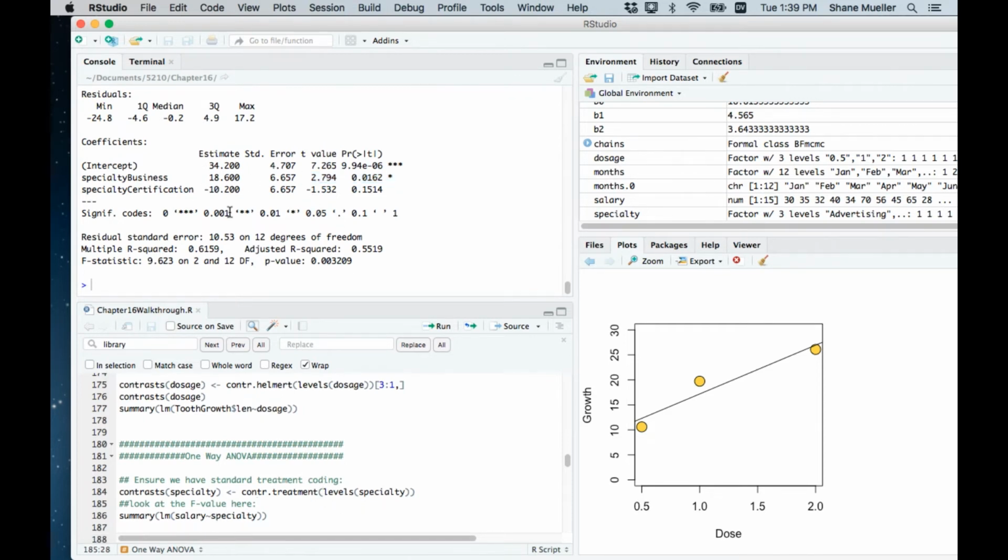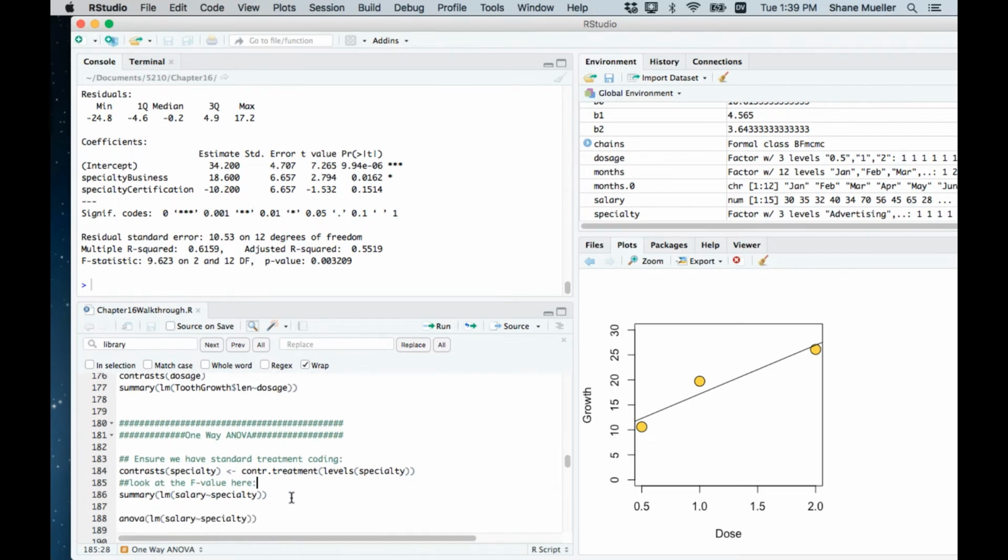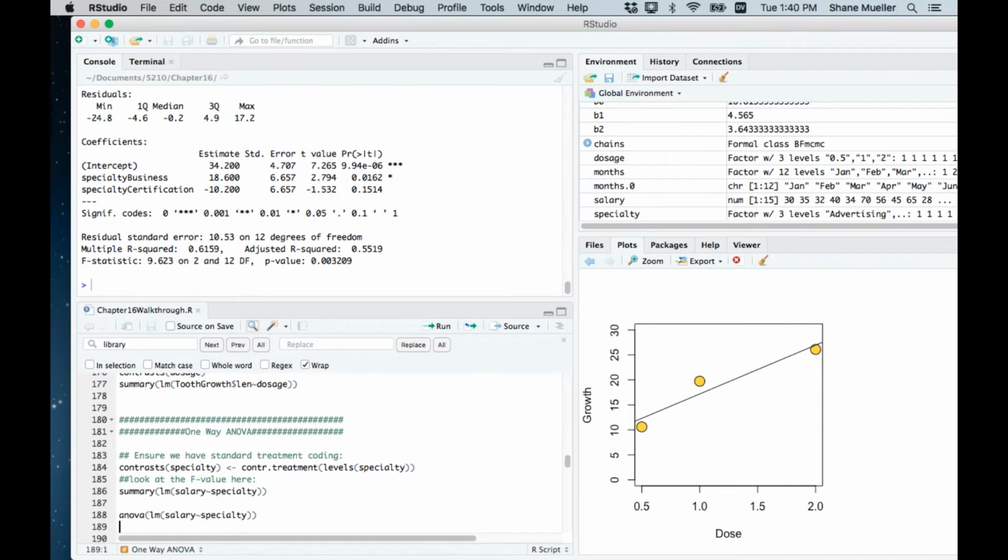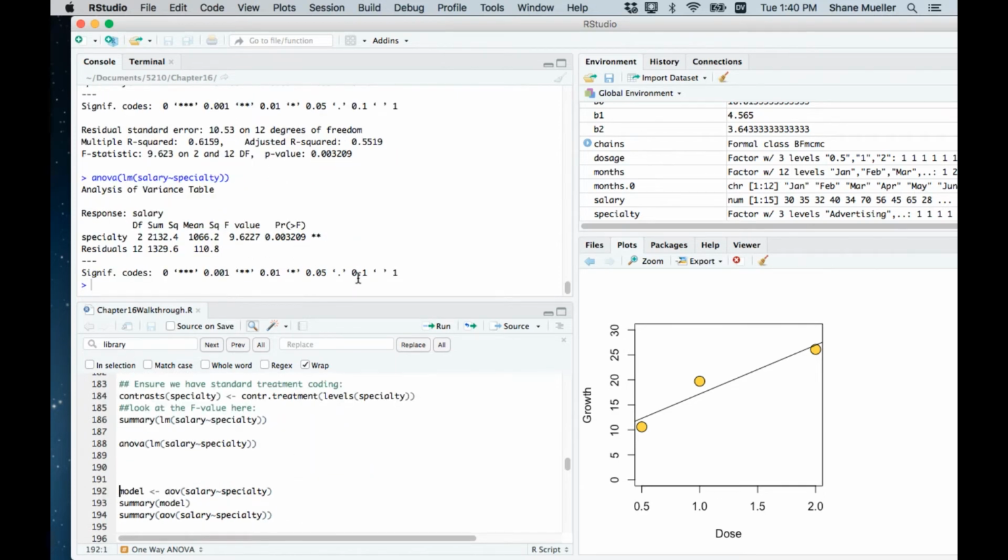This would be interpreting this as a set of linear model. But if I instead gave it ANOVA, this asks, does specialty matter? So it says, here's specialty versus the intercept only. Now this test is going to be the same as this test up here, which is comparing the whole thing to the intercept only model.